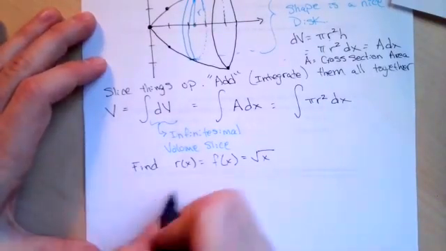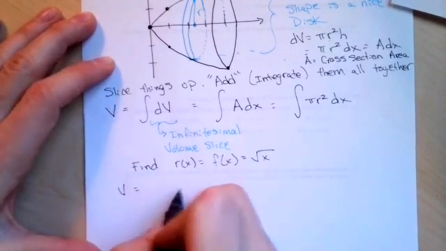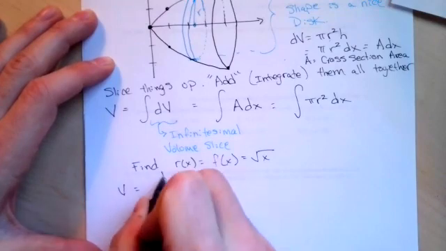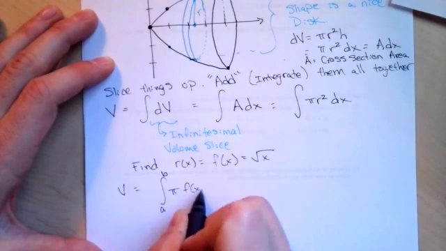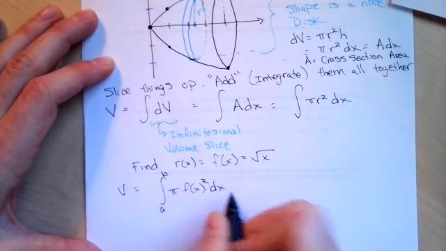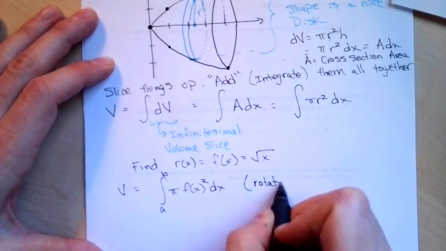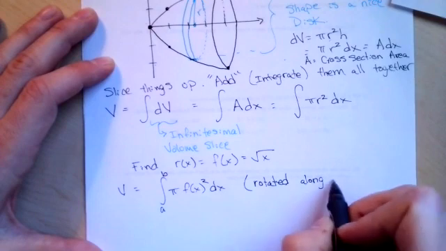So if we wanted to write down a formula for this, we've essentially arrived at the volume is going to be the integral from the bounds of pi f of x squared dx. This is, of course, rotated along the x-axis.